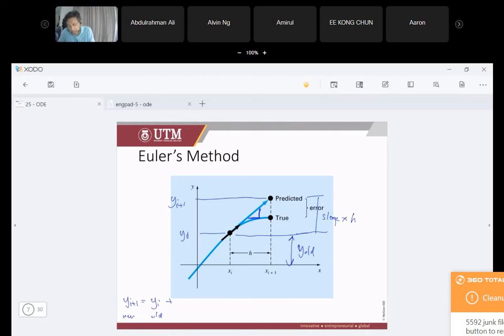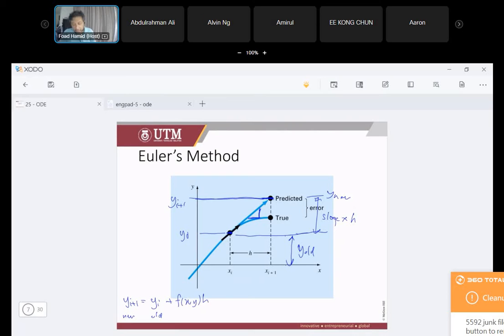So our y new is this. Look at this: our y new is basically y old, our known point, plus the slope, which is f(x, y), times h. So this is our predicted value of the new y.